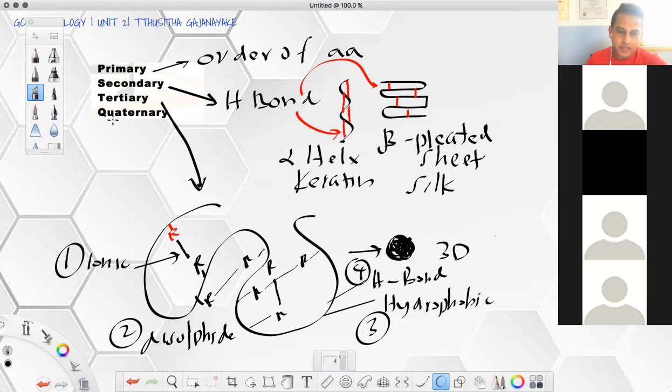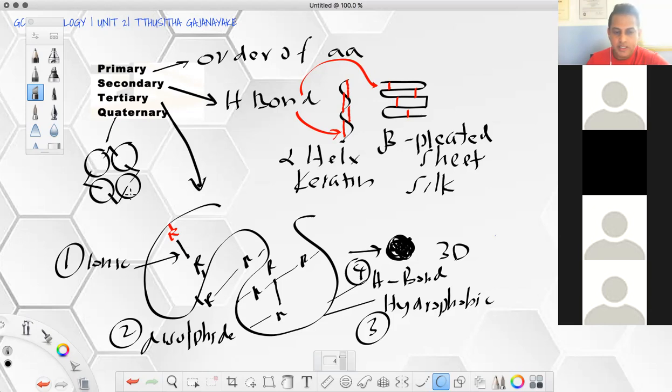And the quaternary structure is defined as a combination of several tertiary structure molecules. Once it gets the tertiary structure, several tertiary structure proteins join together, and they can also make bonds, especially hydrogen bonds and hydrophobic bonds.